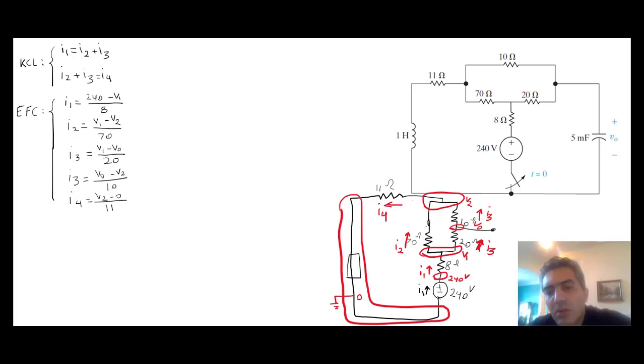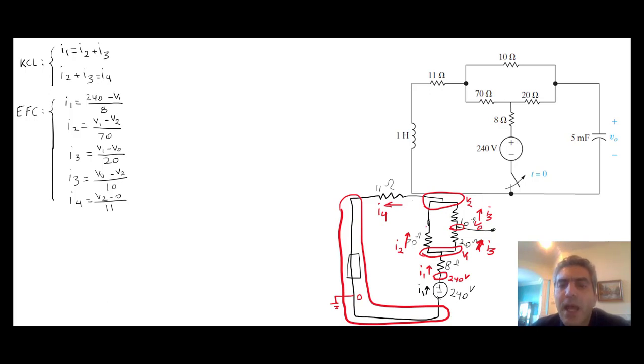If you have one resistance equivalent to this connected to 240 volts, the current going through it is basically 240 volts divided by that. So you immediately calculate I1. From KCL, you can see that I1 and I4 are the same, so you can calculate I1 and I4 immediately, and then use a current divider equation to calculate I2 and I3. As soon as you have all of that, you can calculate all the voltages across each one of these resistors, and you're basically done.